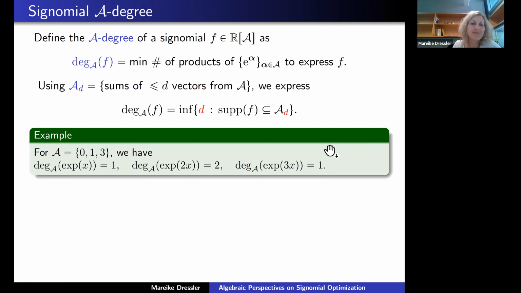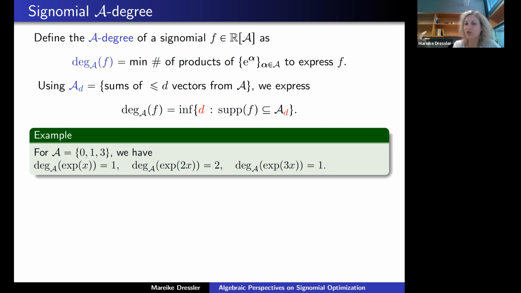Example. Let's consider this support set 0, 1, and 3. And we take a look at different signomials. For instance, just exp(x) has A-degree 1, because I have involved 1 here. So I can just write this directly via my input basis function.